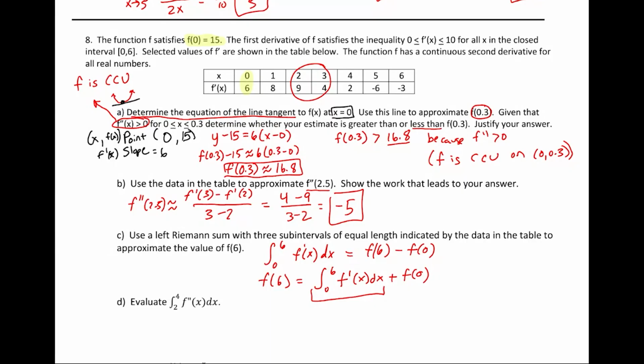So the intervals here, it says 3 subintervals of equal length. So one's going to be from 0 to 2, one's going to be from 2 to 4, one's going to be from 4 to 6.